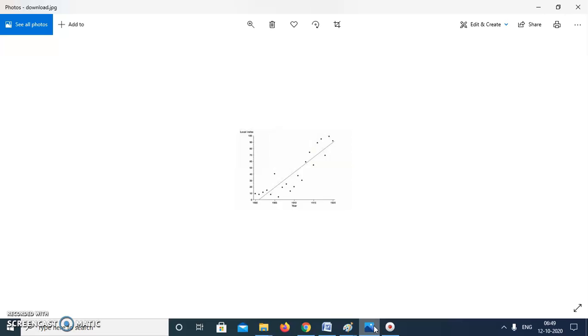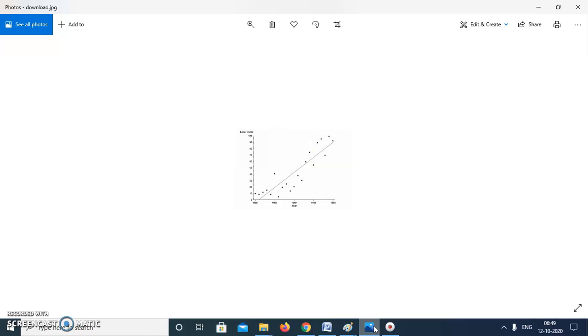Now if we see this scatter plot, we can conclude easily just by seeing this that there is some correlation between y and x values. It can be seen that all the dots are in one direction, increasing direction. So in this topic, correlation and regression, we'll try to find out the value of the correlation coefficient.